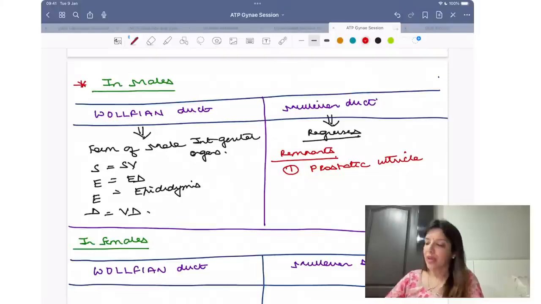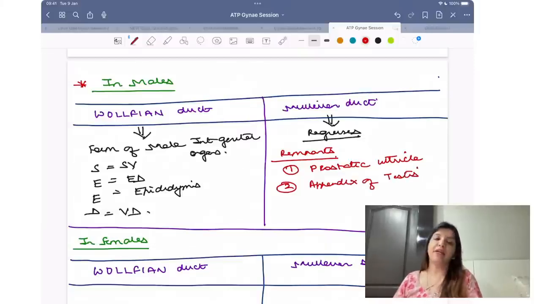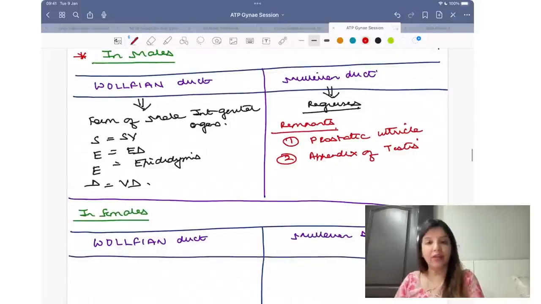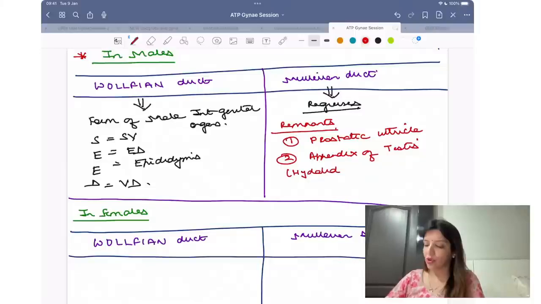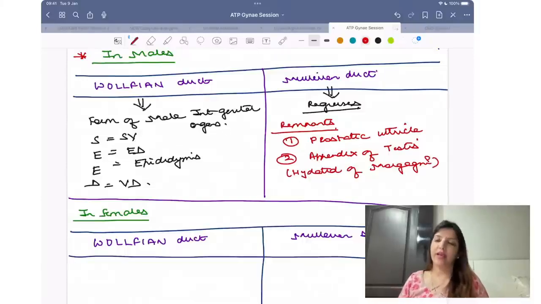Number 2, appendix of testes. The other name for appendix of testes is hydatid of Morgagni. So this is how the ducts behave in males.